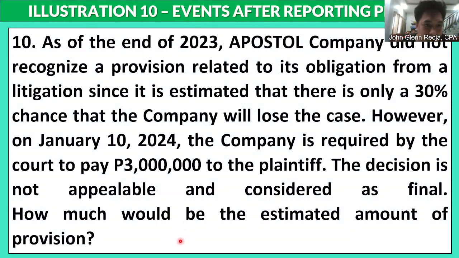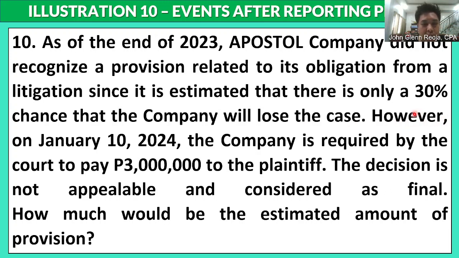Next, illustration 10, events after reporting period. Another problem. As of the end of 2023, Apostol Company did not recognize the provision related to its obligation from a litigation, since it is estimated that there is only 30% chance that the company will lose the case. So, hindi siya nag-recognize ng provision. Siguro, gumawa lang siya ng notes.